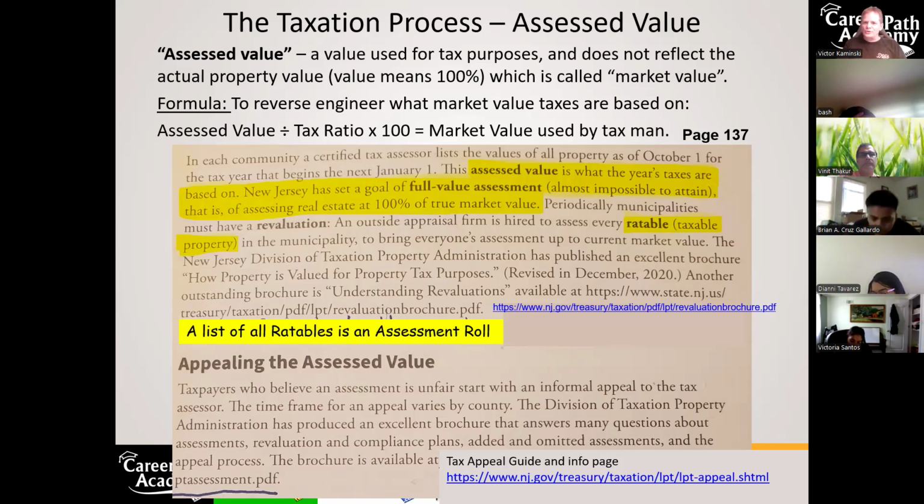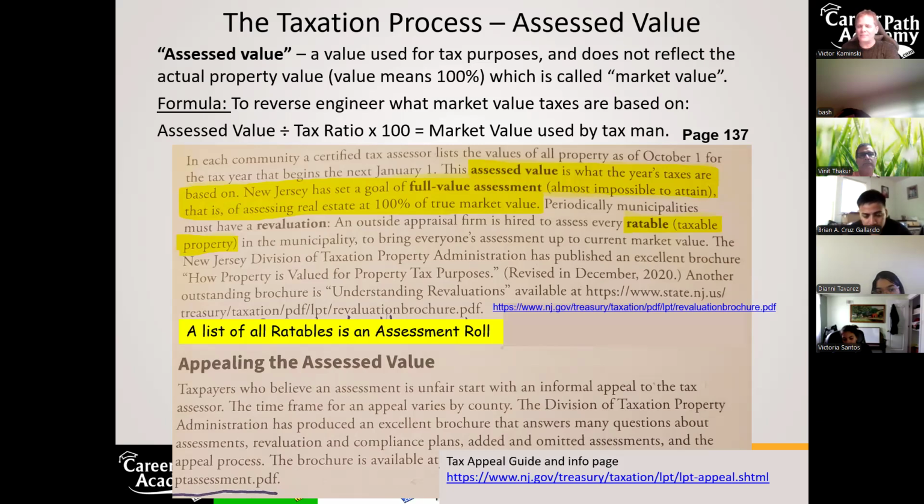Now, New Jersey's goal when determining assessed value is trying to get it to full market value. Almost impossible to do, because they would need to get an appraiser in everybody's house every year to see if you did any improvements or whatever, to find out what the actual value of your home is.